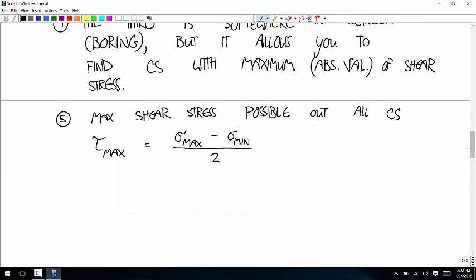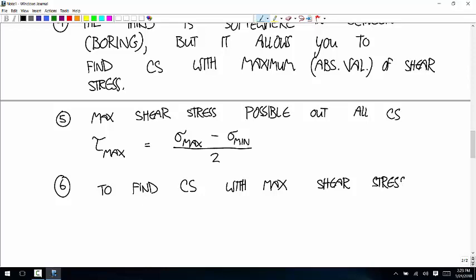And then the last one, to find the coordinate system maximum shear stress, and I should say absolute value because it could come out positive, it could come out negative, but there's no important distinction between positive or negative shear stress. So they're all the same to us.